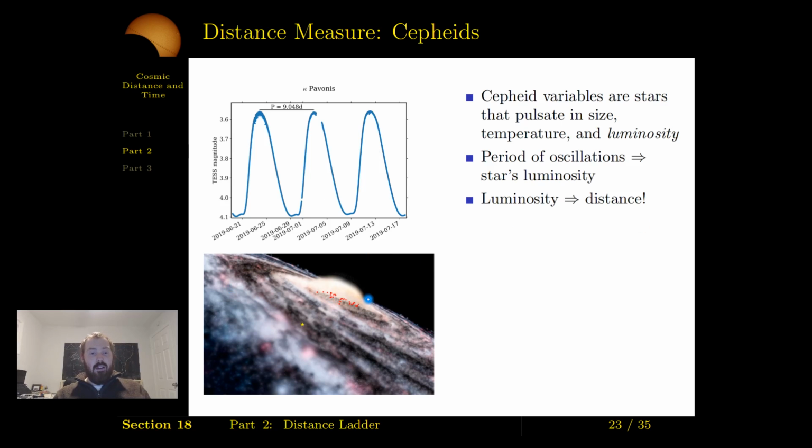This diagram here is a drawing representing little us, our sun in the Milky Way galaxy. And here's a bunch of Cepheid variables near the galactic center, just outside the horizon of what our parallax can do.